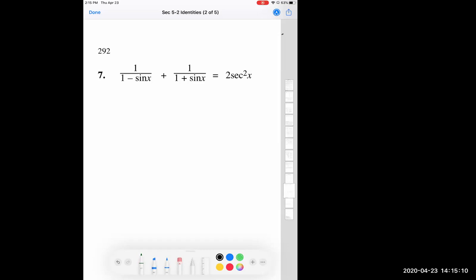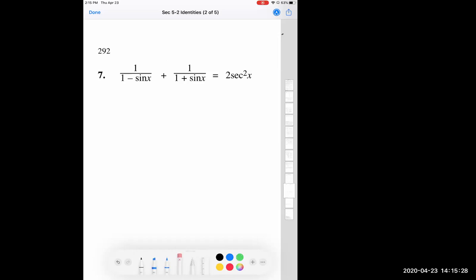So I don't know what to do, right? But I see that I'm being asked to add, and I have two different denominators. So why don't we try to start off by getting the same denominator on both terms.